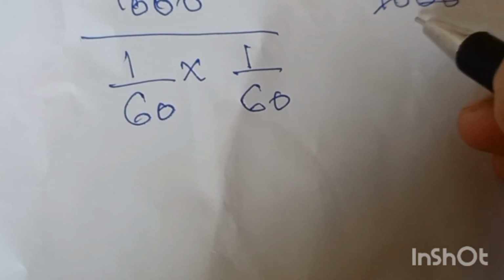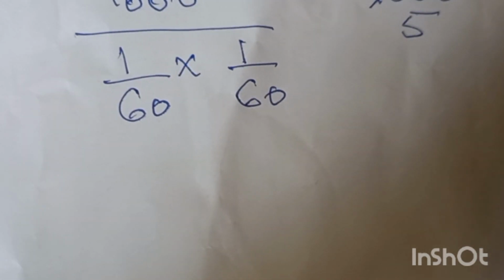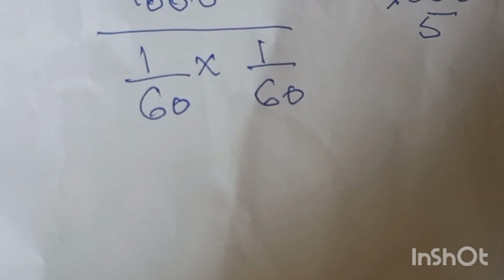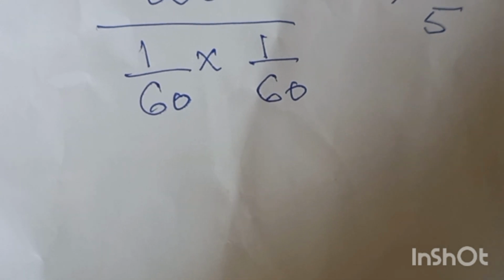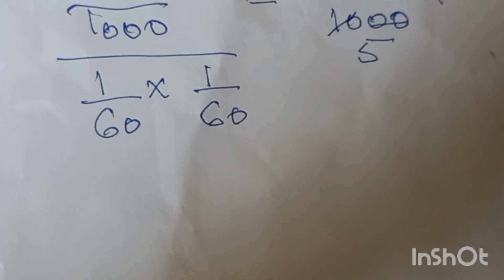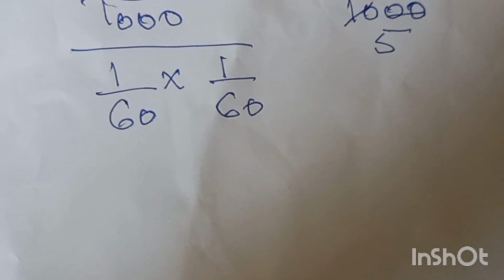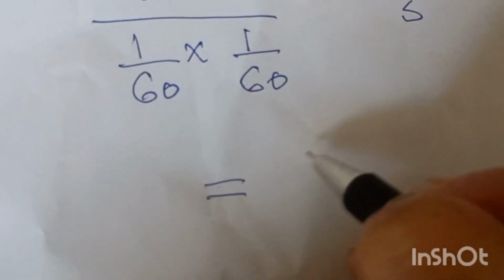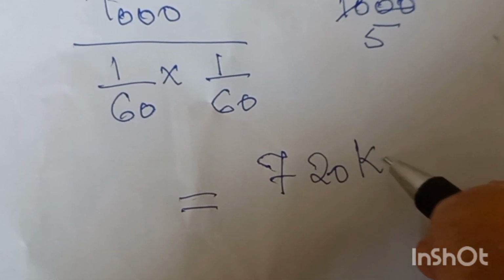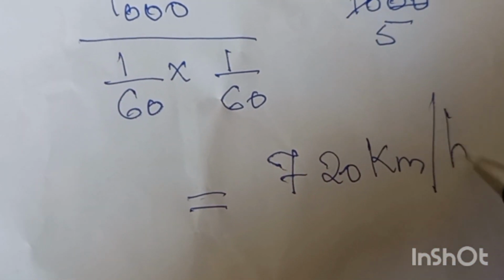Then 2 5s are 10, 7 5s are 35, 5 2s are 10. 720 kilometer per hour we get. Isn't it? So we can write 720 kilometer per hour.